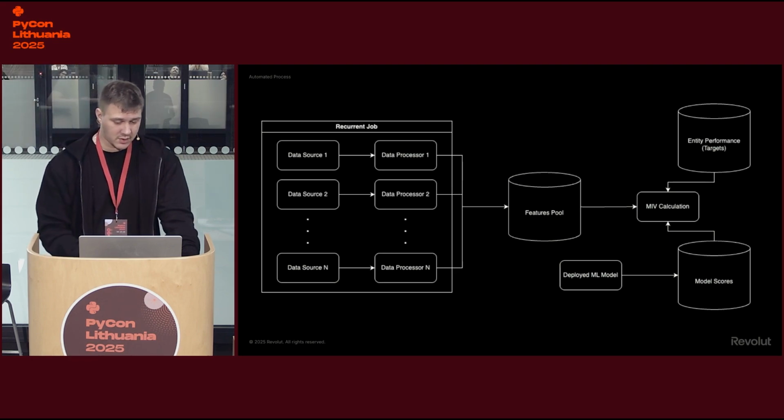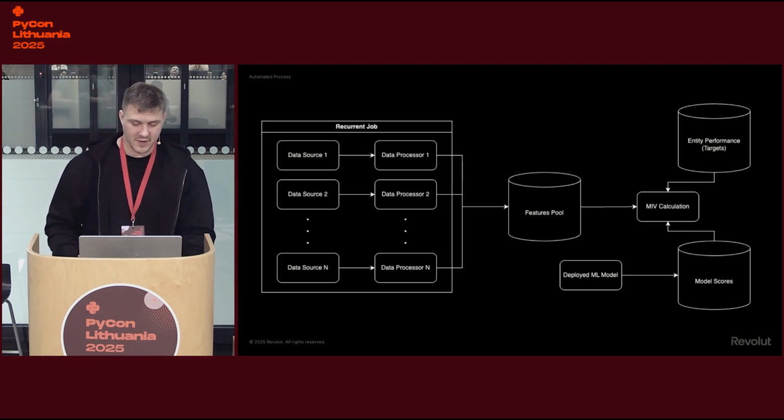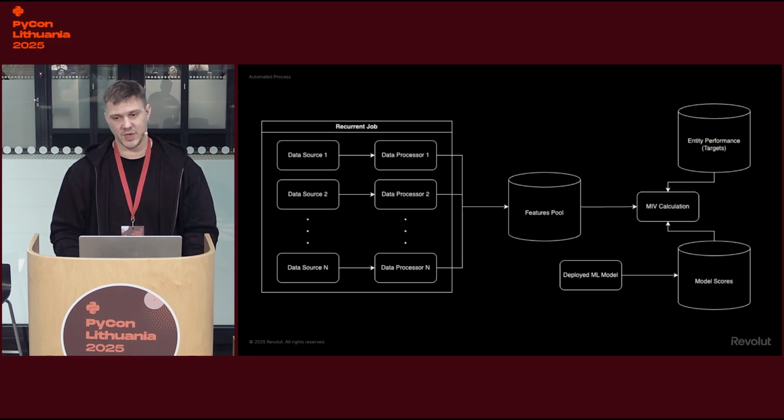Essentially, all that comes into the final process, which we call MIV calculation. The output of this is a list of features along with their respective MIV values, which allows the business to decide which features should be added into the model to make it even more powerful.